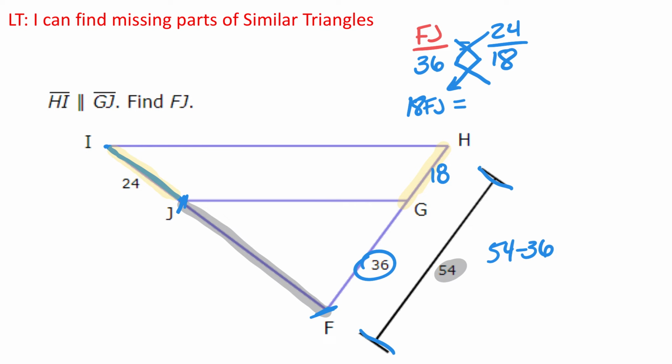We would then divide by 18, and we already know it's double 24, which is 48. So the value FJ equals 48.